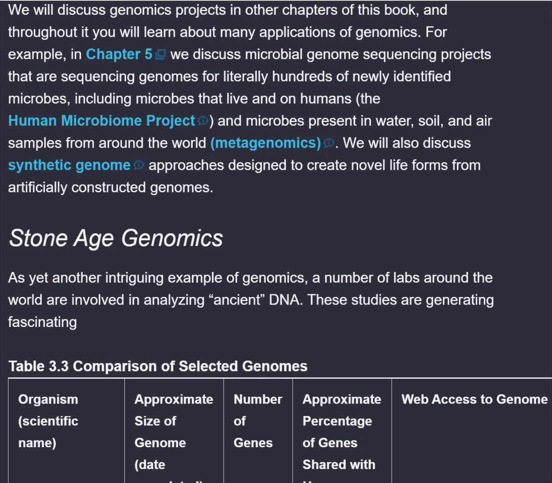We will discuss genomics projects in other chapters of this book, and throughout it you will learn about many applications of genomics. For example, in Chapter 5 we discuss microbial genome sequencing projects that are sequencing genomes for literally hundreds of newly identified microbes, including microbes that live in and on humans, the Human Microbiome Project, and microbes present in water, soil, and air samples from around the world, metagenomics.